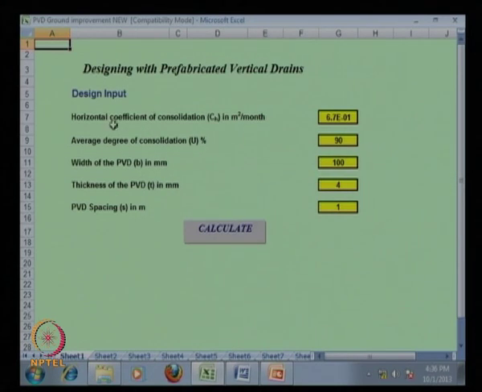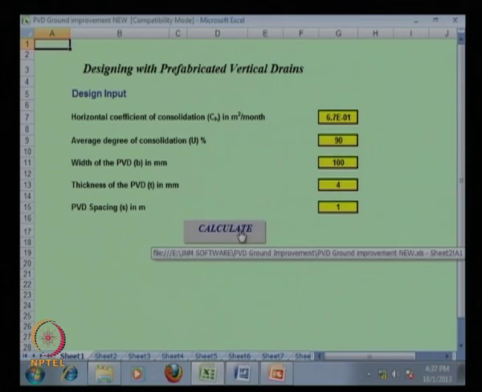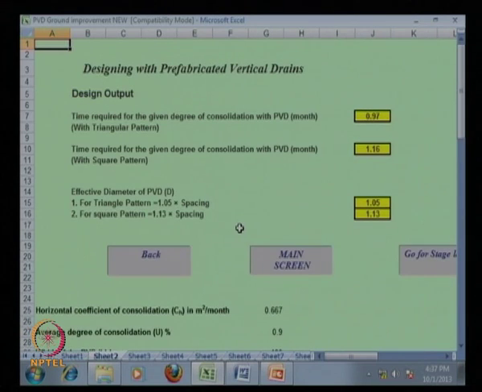Here design input: horizontal coefficient of consolidation Ch in meter square per month is 6.7 into 10 to the power minus 1, average degree of consolidation U percentage 90%, width of the prefabricated vertical drain is 100 millimeter, thickness is 4 millimeter and PVD spacing is 1 meter. And now you can calculate and have the design output.